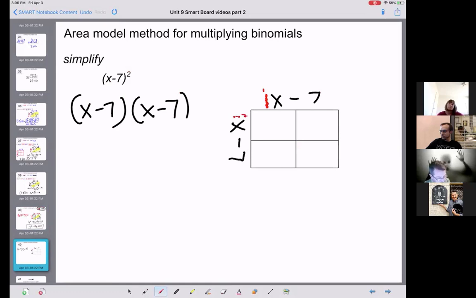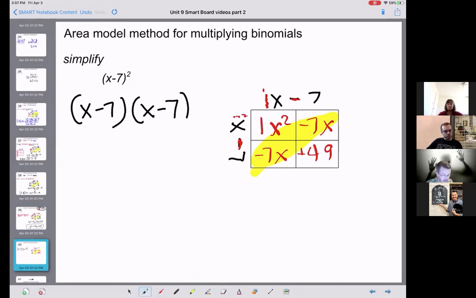So 1 times 1 is 1, x times x is x squared. 1 times negative 7 is negative 7, and I have the x still. 1 times negative 7 is negative 7, and I have the x still. And negative 7 times negative 7 is positive 49. Again, you see a pattern in the diagonals: if stuff is in order, diagonals tend to be like terms.